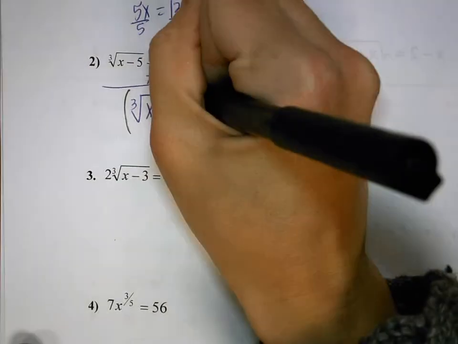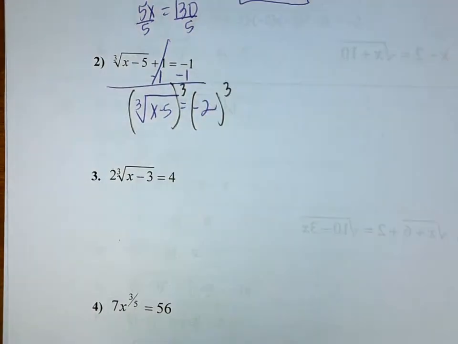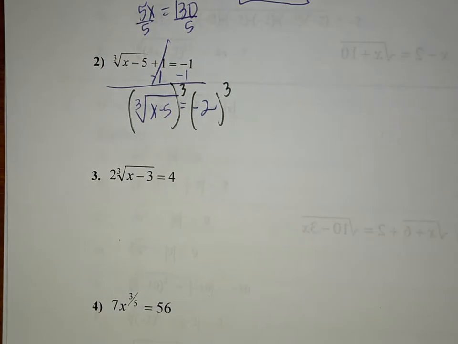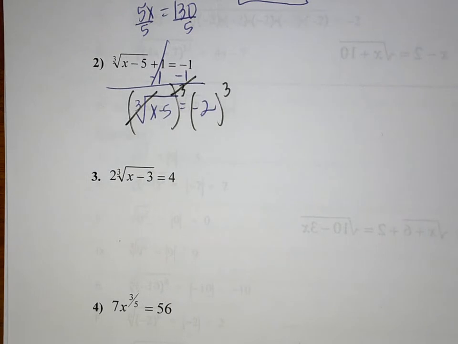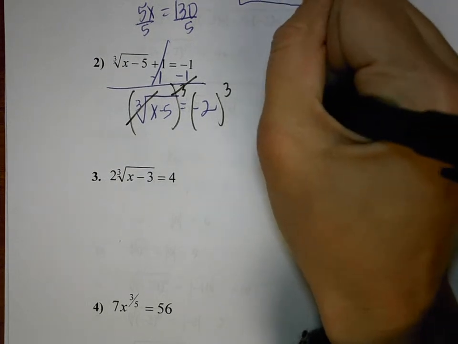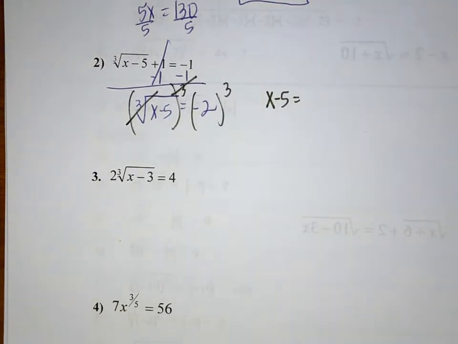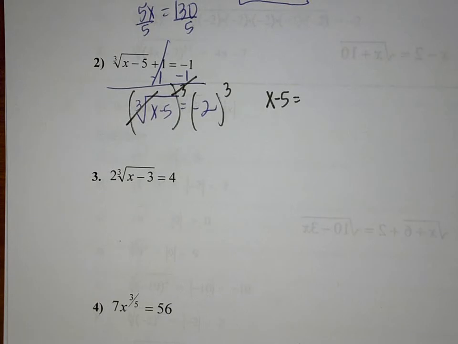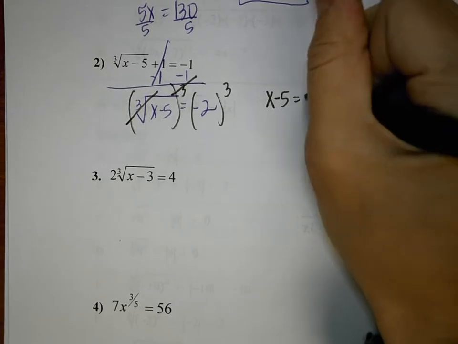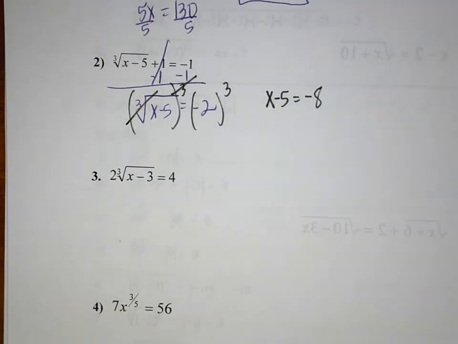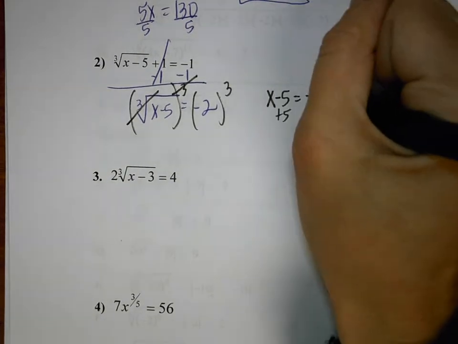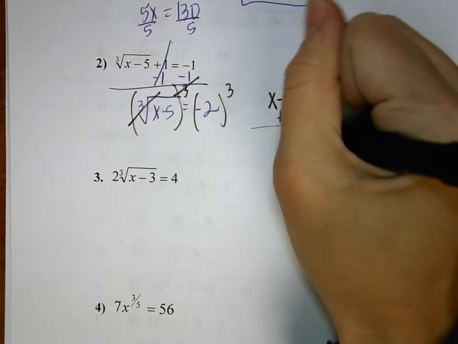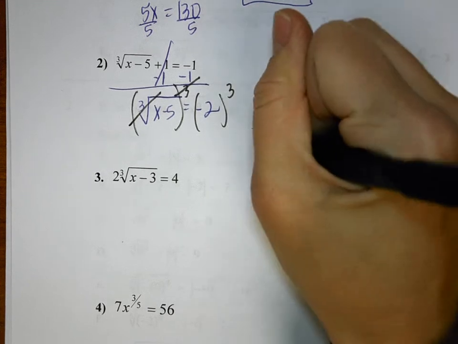So we have to cube both sides. When I do that, that cancels our cubed root and our cube, and so we're left with x minus 5 equals, and what is negative 2 cubed? Negative 8 is correct. And then to finish solving this, what will I do? Add 5. And we get x equals negative 3.